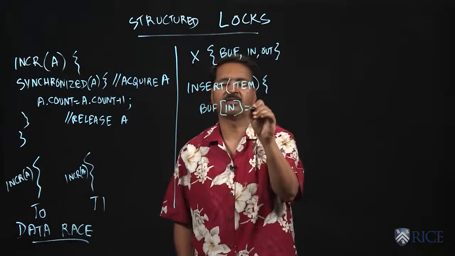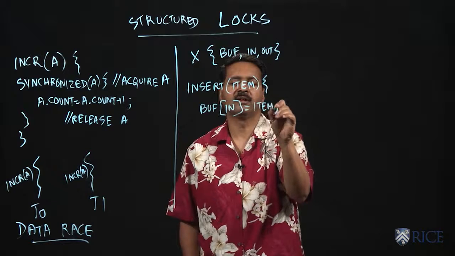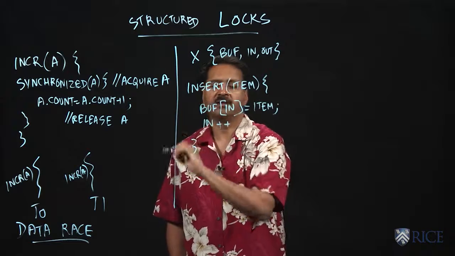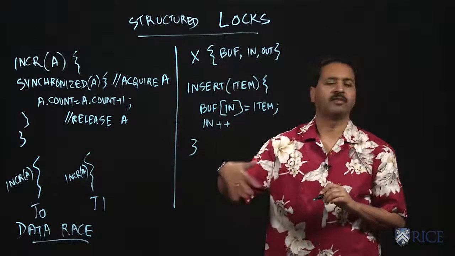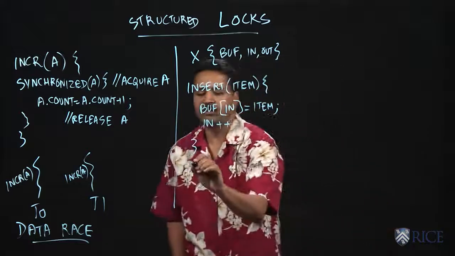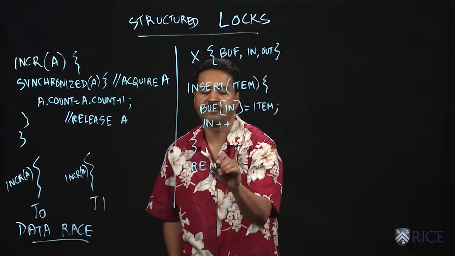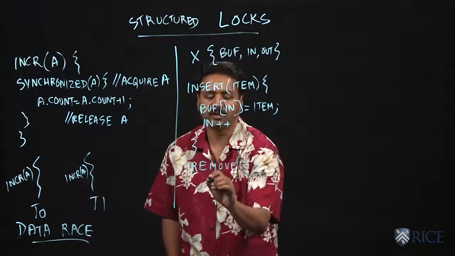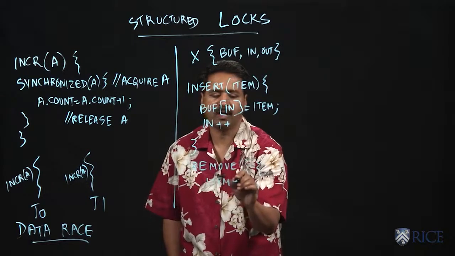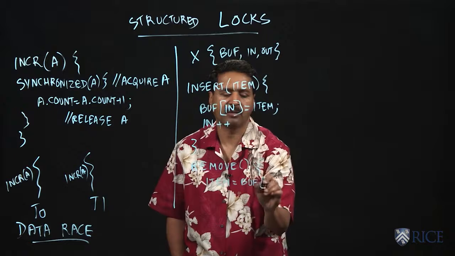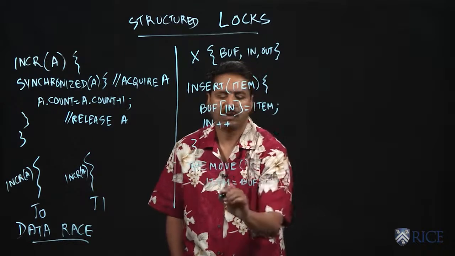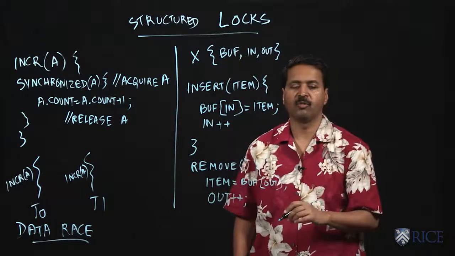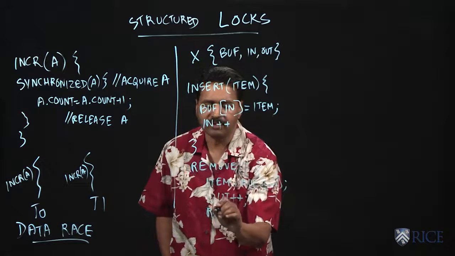So we assign that to the in index, and we increment in so that it's available for the next insert. And then we could have a remove operation. What the remove will do is read the value in the current out index, buff sub out, increment out so that it's ready to read the next item the next time remove is called, and return the item.